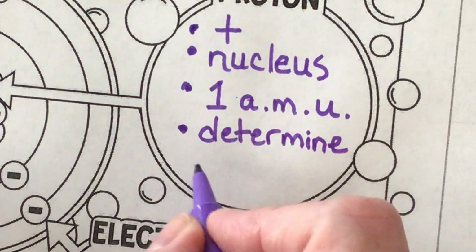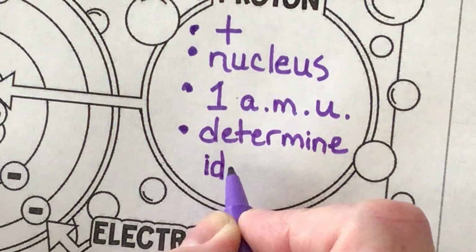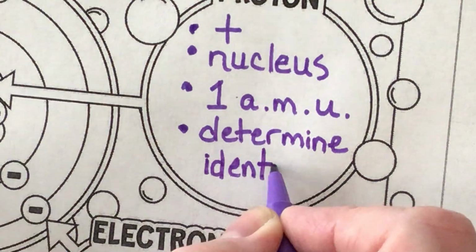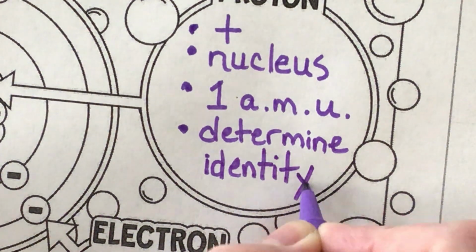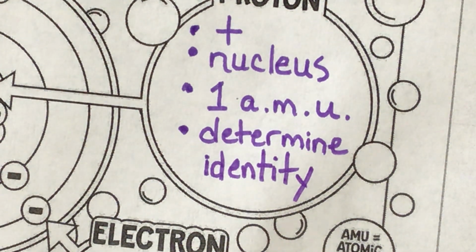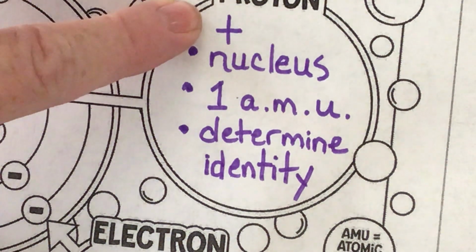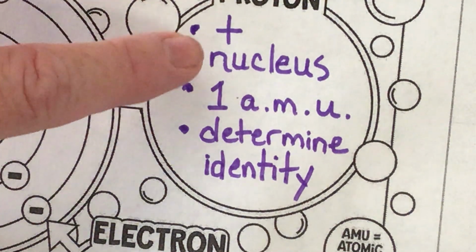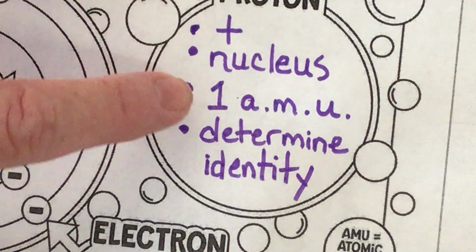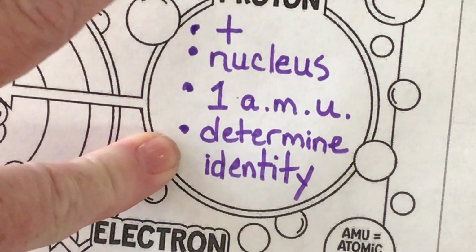So protons determine identity. Protons. Show me again the charge of a proton with your hands. Like this. Thank you. Okay, so we've got, they're positively charged, they're in the nucleus, 1 atomic mass unit, and they determine identity.